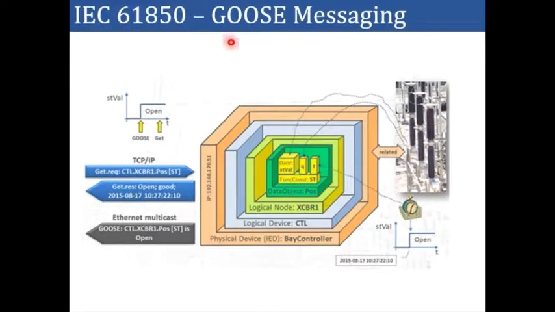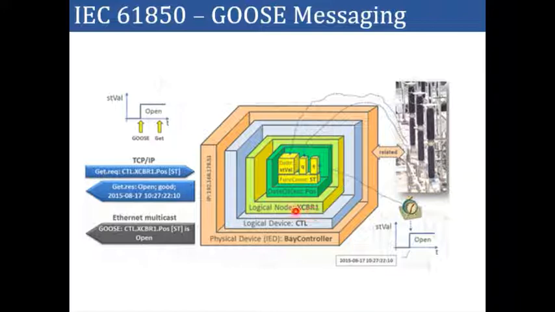Now let's understand how the GOOSE messaging is done. Suppose we want to get the GOOSE message related to opening of the breaker. So this is the logical representation of the breaker where the physical device is the bay controller and the corresponding logical device is control, that is CTL we are using.